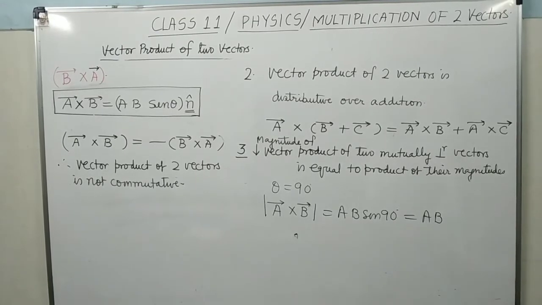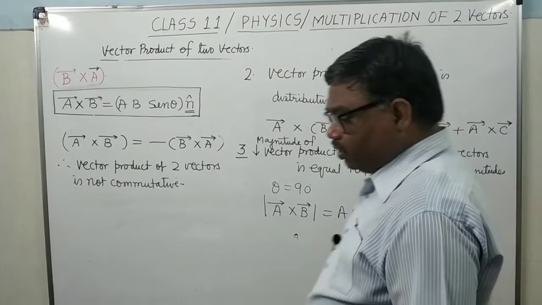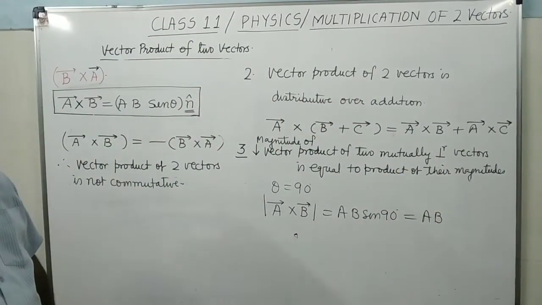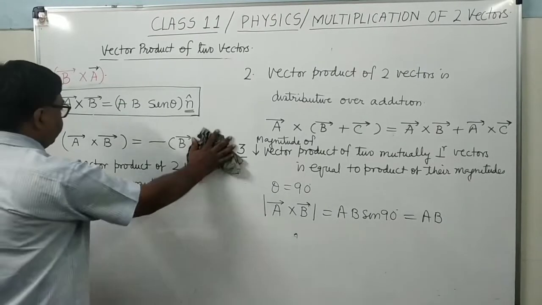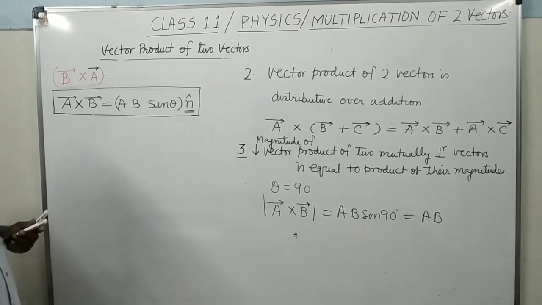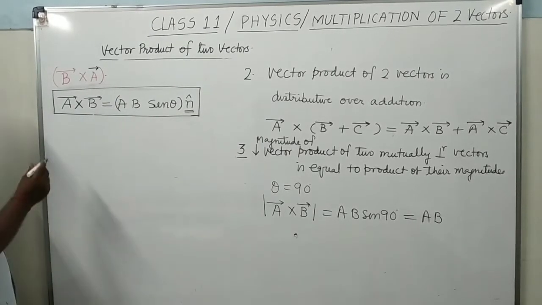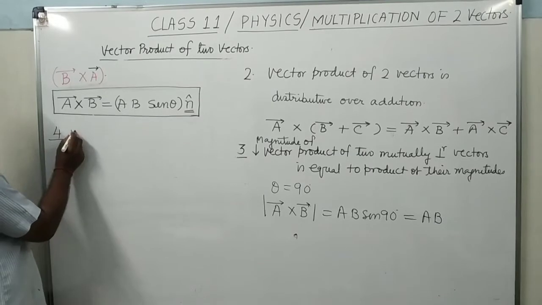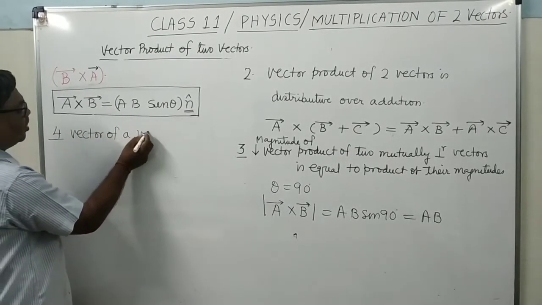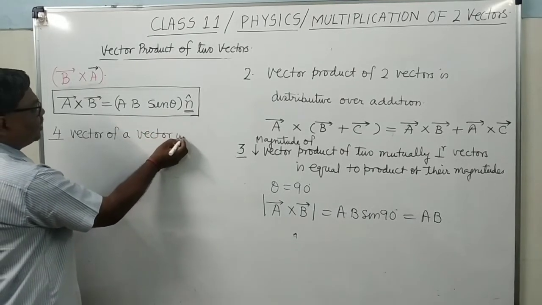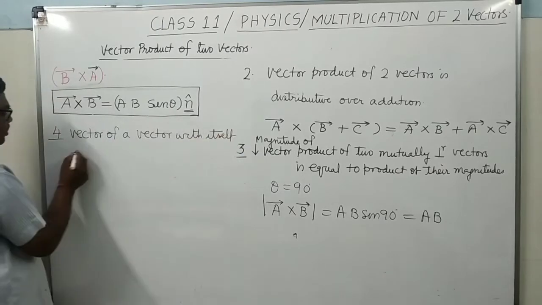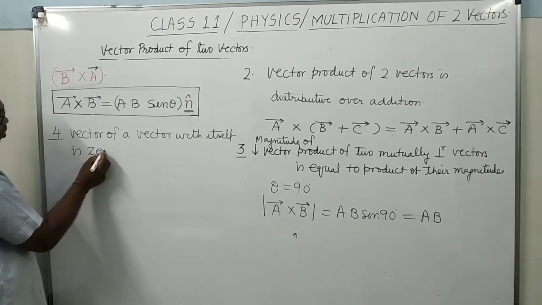Now fourth, the vector product of a vector with itself is 0.